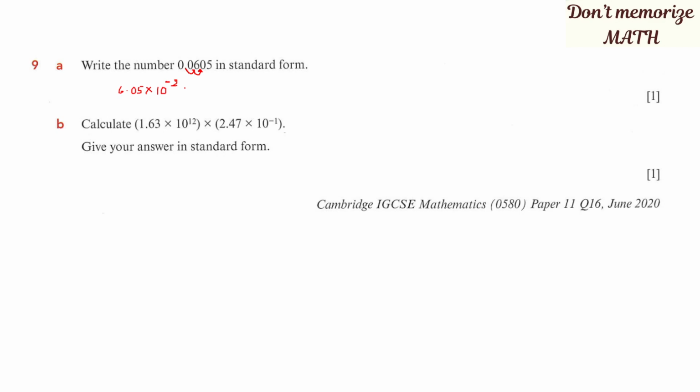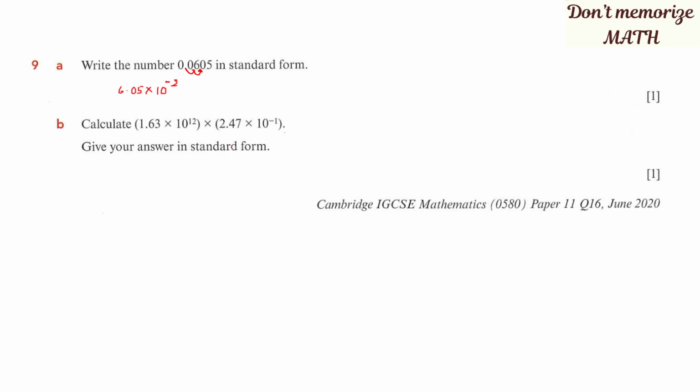Then calculate 1.63 times 10 raised to 12 times 2.47 times 10 raised to minus 1. Give your answer in standard form. So use your calculator in the same way. Open the bracket, 1.63 times 10 raised to. You can do it in the bottom line, or in the middle one there is 10 raised to x. You can use that.